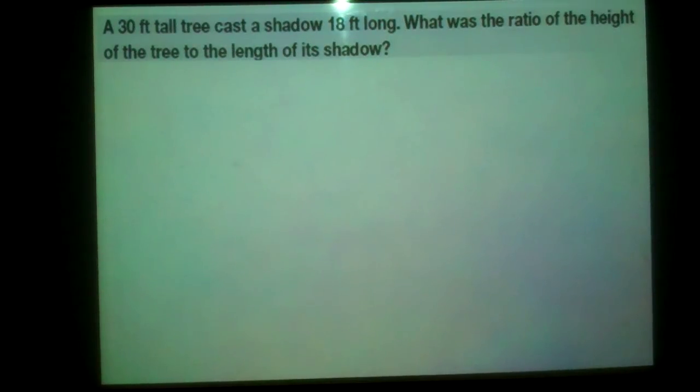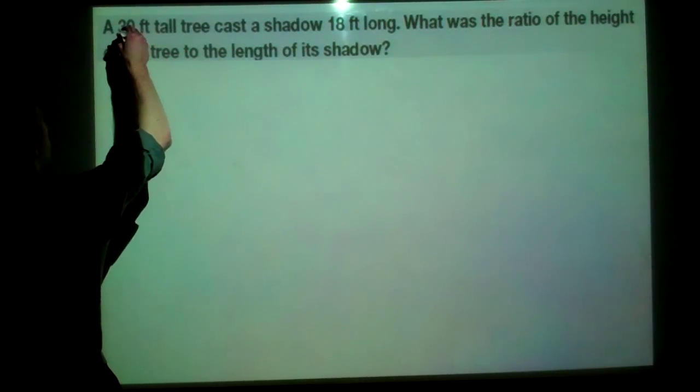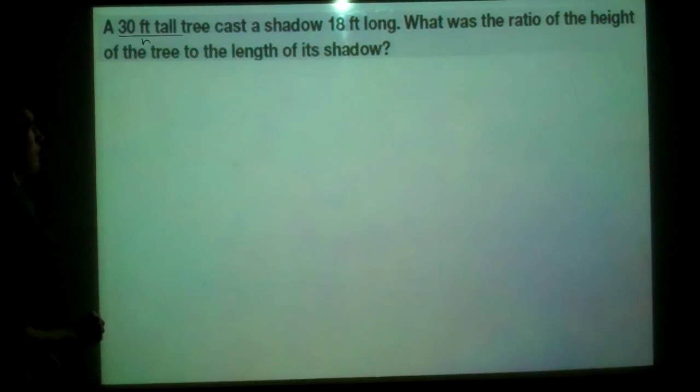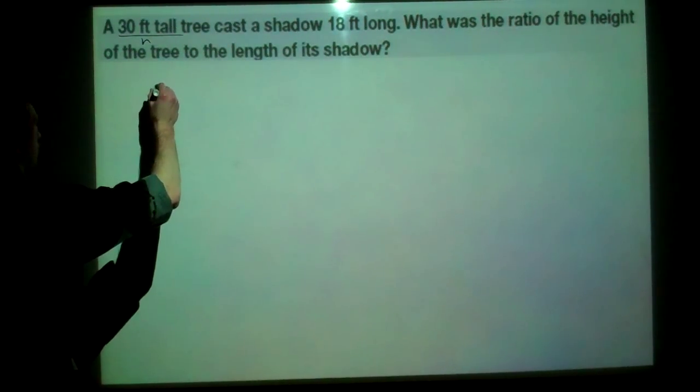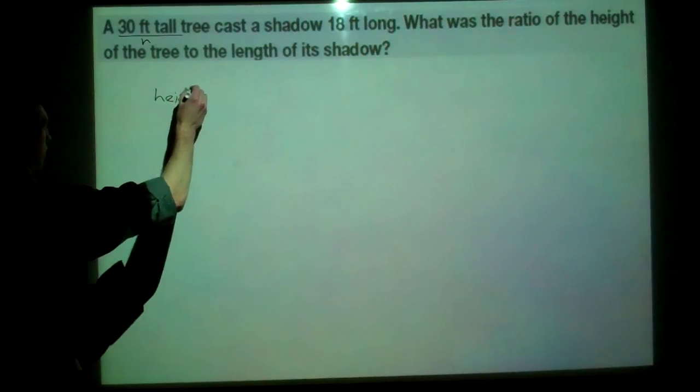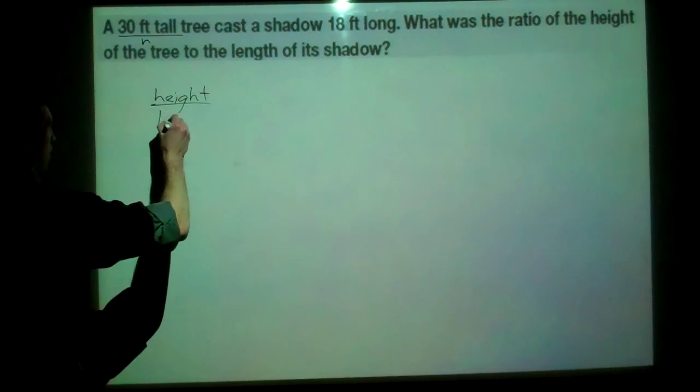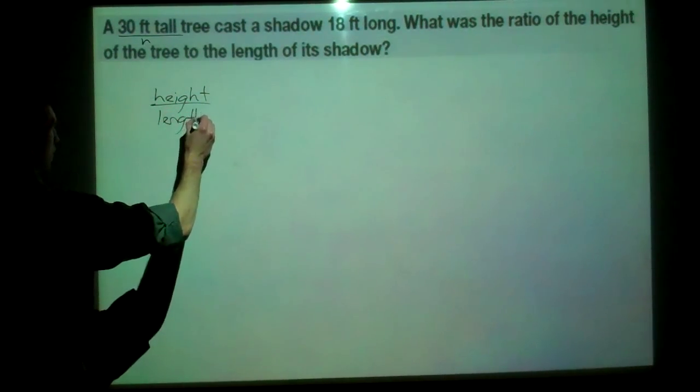Alright, let's take a look at this one. A 30-foot tall tree casts a shadow 18 feet long. What is the ratio of the height of the tree to the length of its shadow? So it's 30 feet tall. This would be our height. And we're doing the ratio of the height of the tree to the length of its shadow.